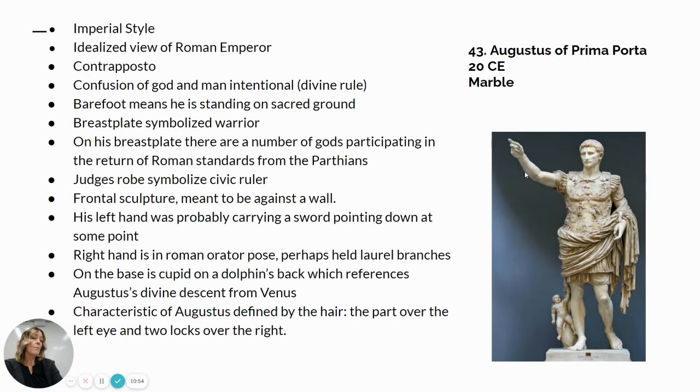And then some art historians believe that maybe in the right hand, alongside his orator pose, a laurel wreath was sandwiched between his fingers or something, and that laurel wreath also represents being a leader, a civic ruler.